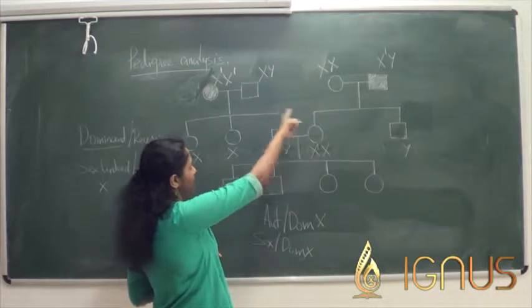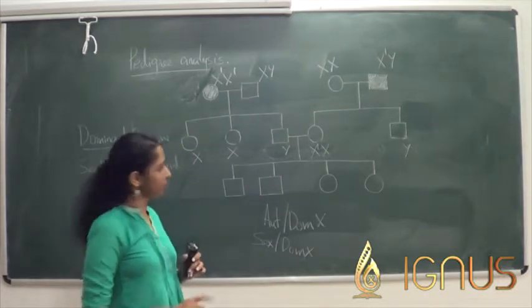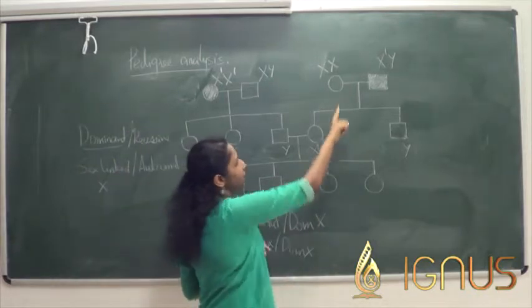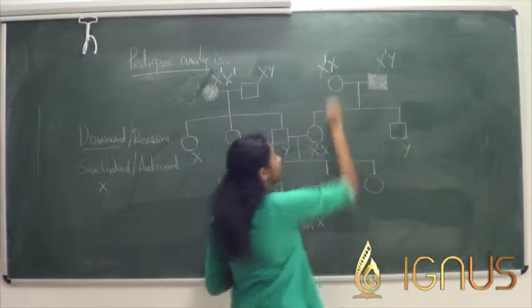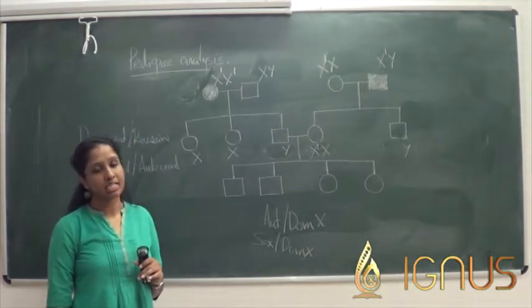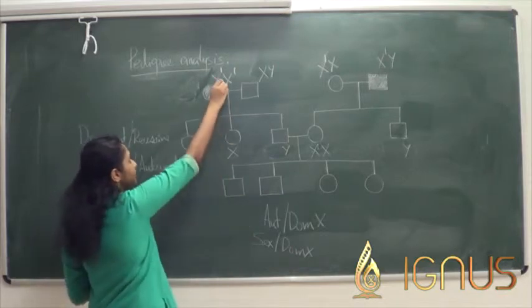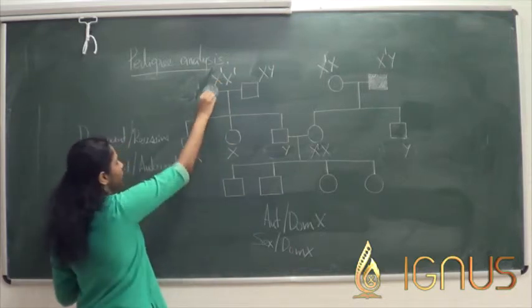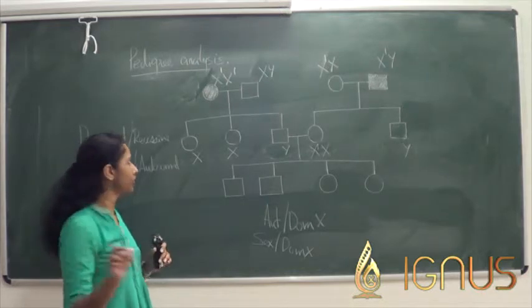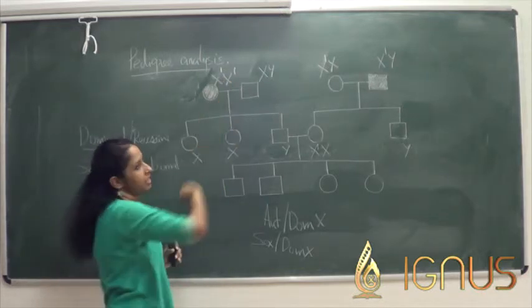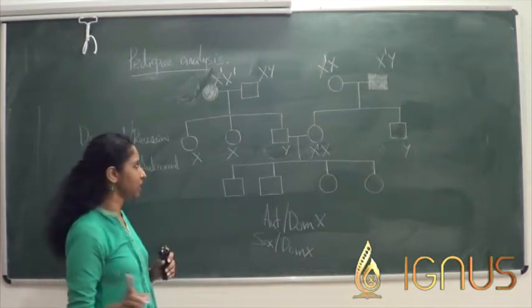Now this female here and the male here, the male can definitely not be a carrier, so that is ruled out. The female here can be a carrier, because this is a recessive trait. Unless she is double recessive, she is not going to show the trait. So the expression of the trait will happen only if she is double recessive in case of sex-linked recessive traits.